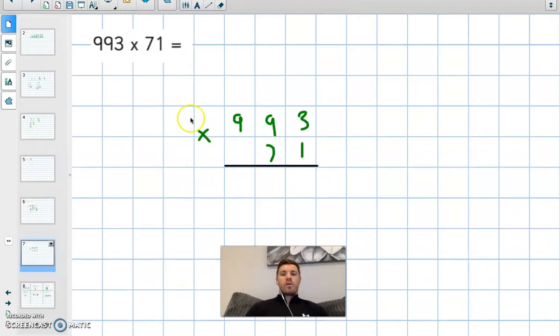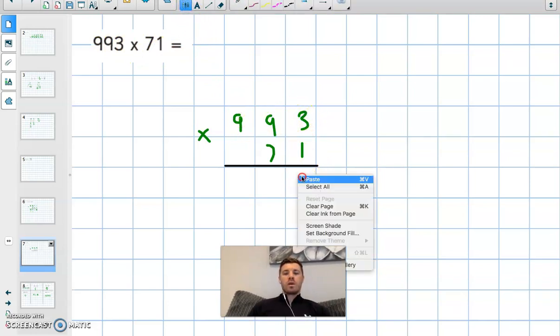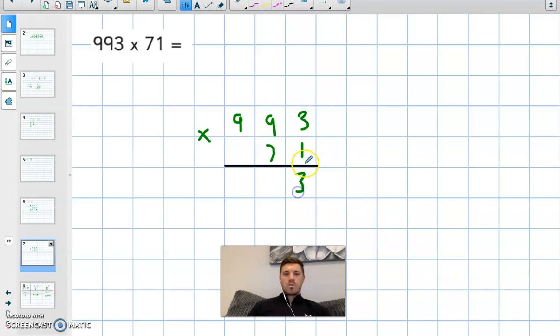Okay, so final question, multiply 993 by 71. First of all, we need to multiply these digits by 1, so 3 multiplied by 1 is 3, 1 multiplied by 9 is 9, and again 1 multiplied by 9 is 9.